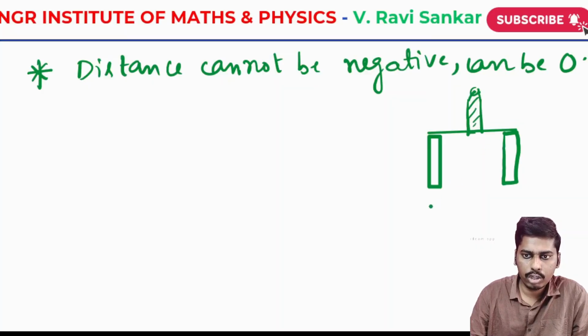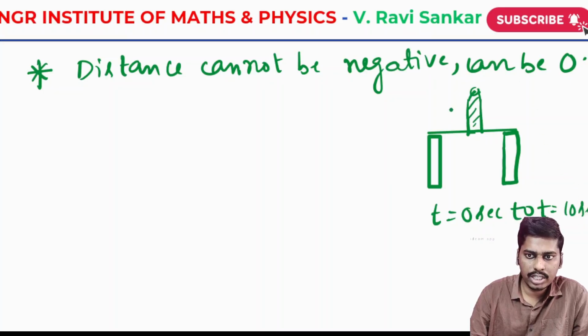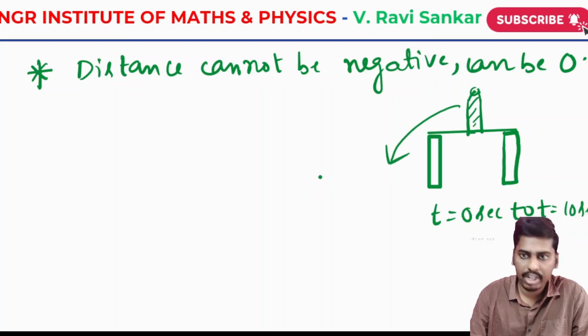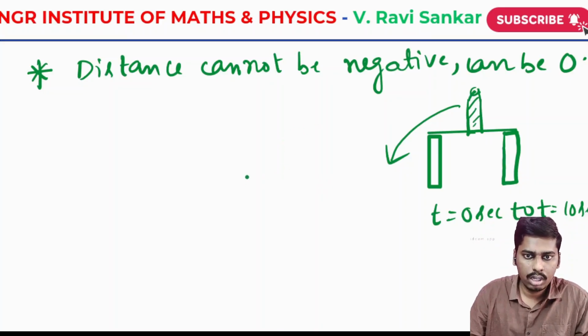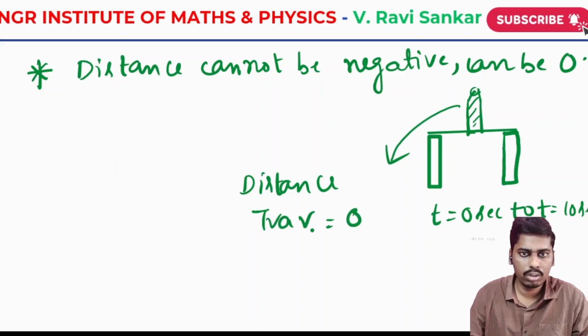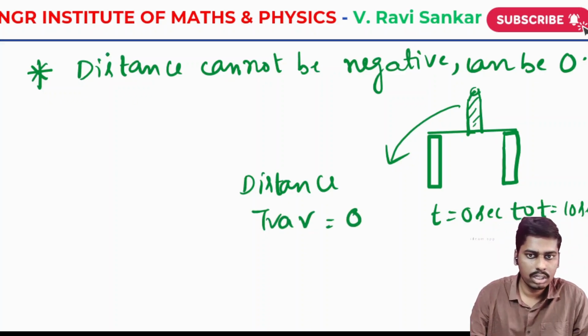And if you observe from time t equal to 0 second to time t equal to 10 seconds, its distance traveled, it's not distance, it's distance traveled, is equal to 0. That's it.